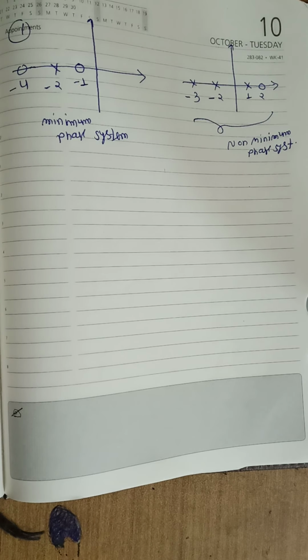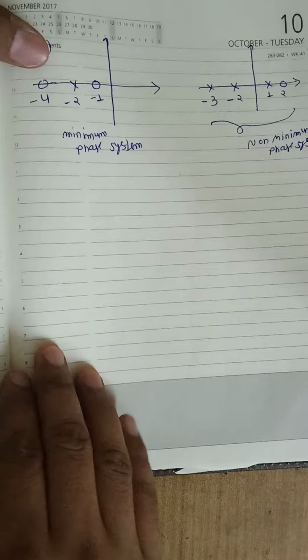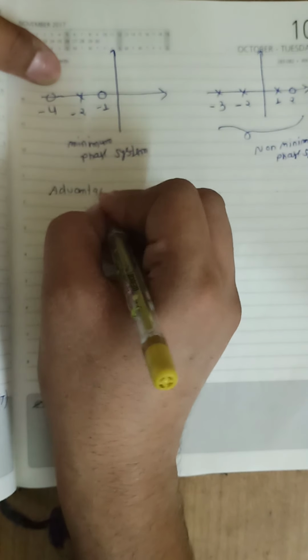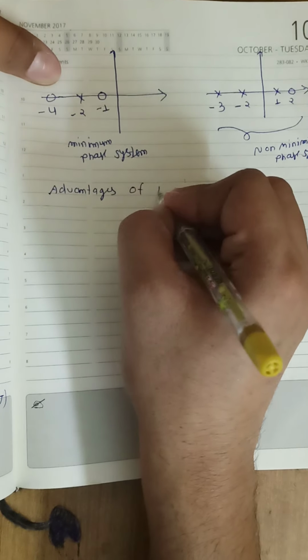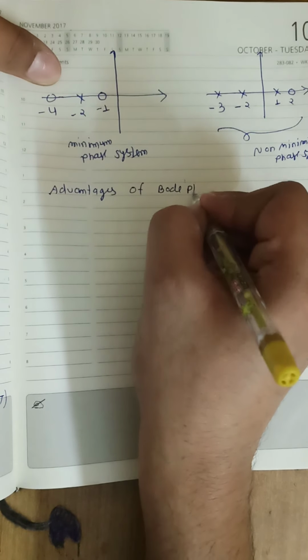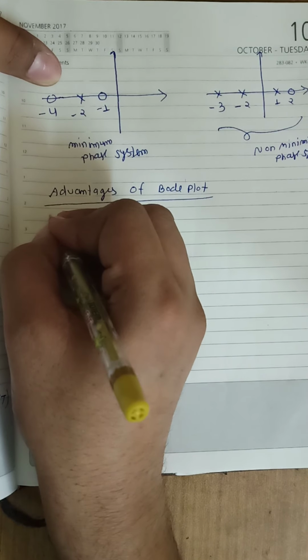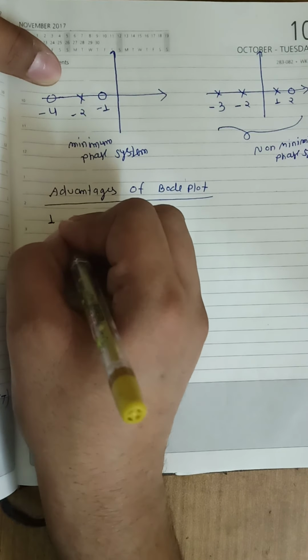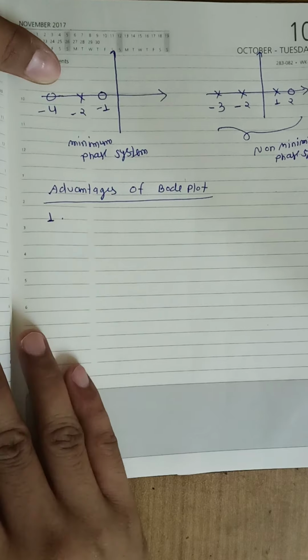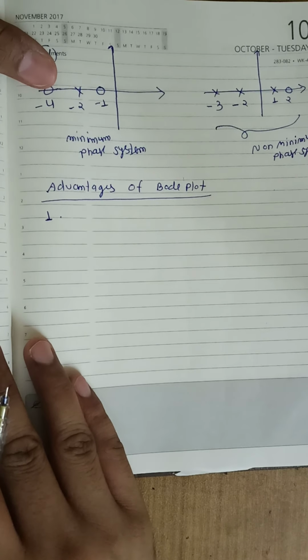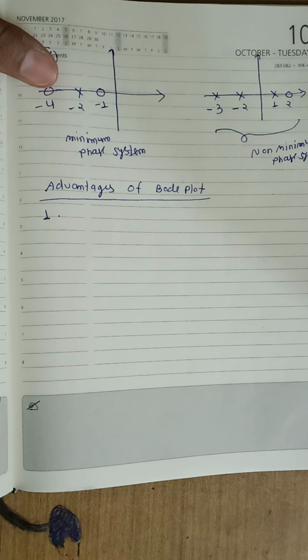Now let us see the advantages of Bode plot. In the absence of a computer, suppose we don't have a computer, the Bode diagram can be sketched by approximating the magnitude and phase with straight line segments.